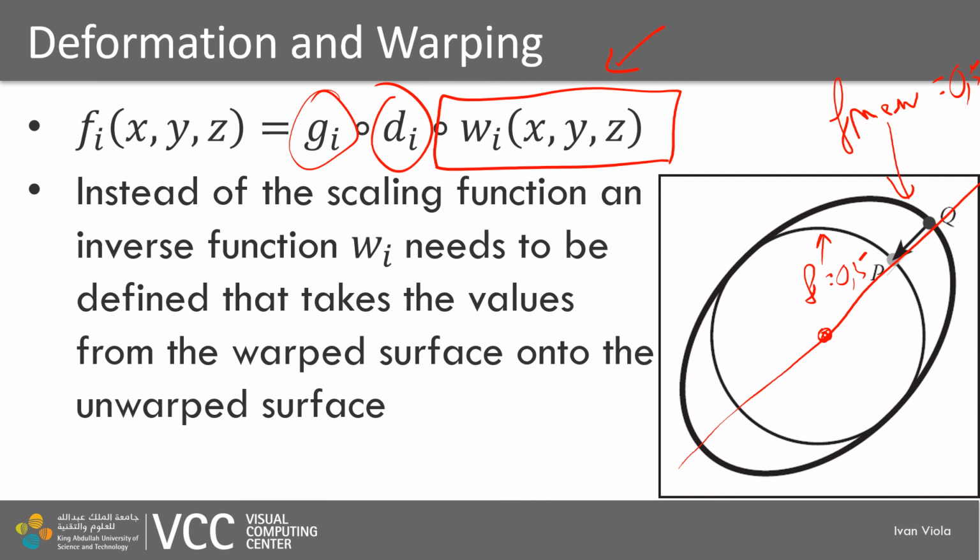And this position will be, let's say, f nu equals 0.8. So we are still inside. With such a warping function, we can create a deformation of our implicit objects. This warping function can also be time dependent, and through this we can create some kind of animation.